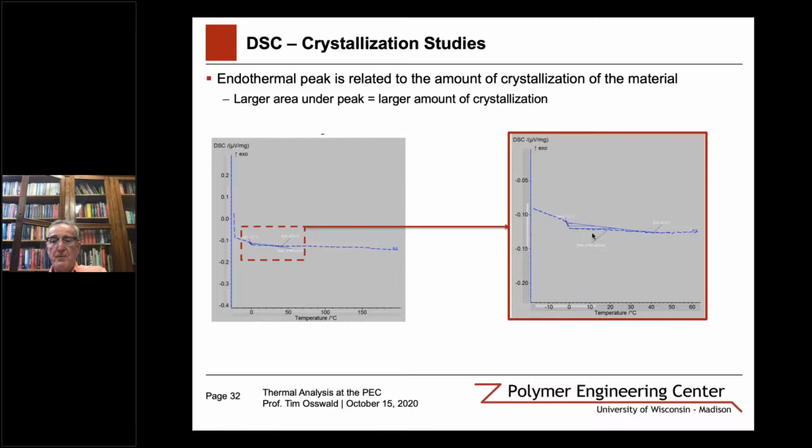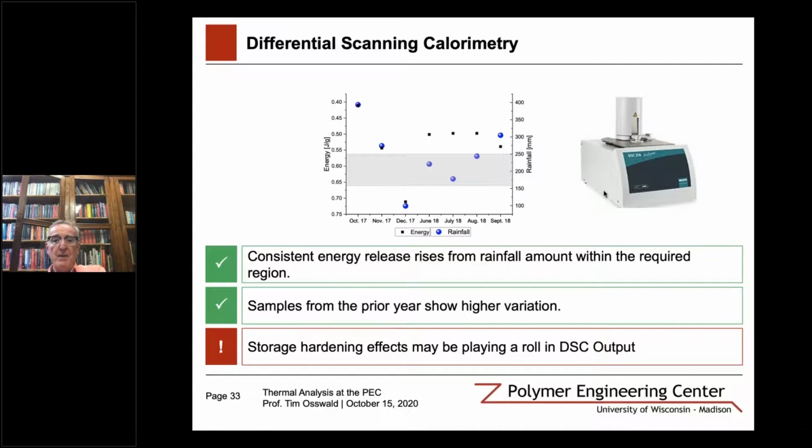So we measured the crystallinity, or the endothermal peak of crystallization, and we plotted the energy, joules per gram, for each sample together with the rainfall. And there definitely is a correlation between rainfall and crystallinity of the natural rubber. That was interesting, but it also helps us. If we have a rainy season, then we know what to expect of the material, so we can characterize.